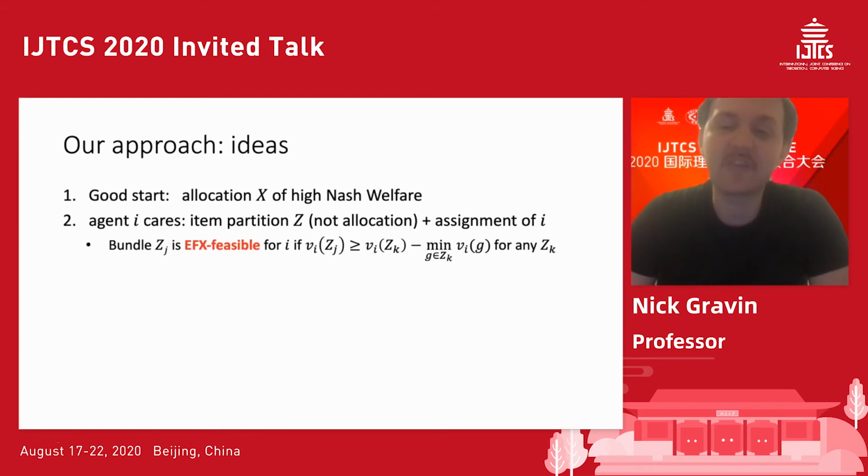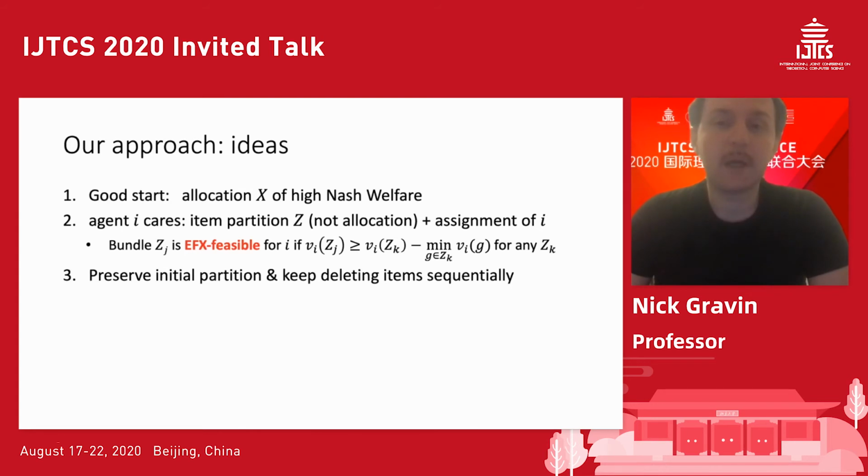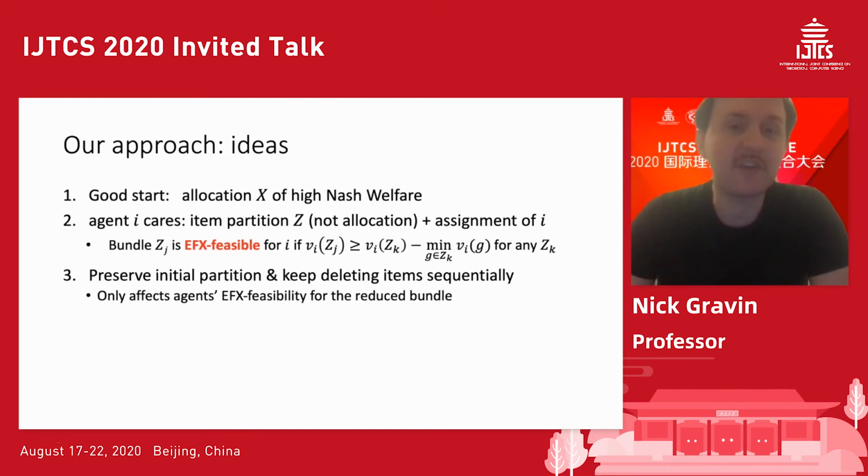We can construct the whole graph of these pairs between agents and bundles, which bundles we can assign to them. And given this graph, we want to start with this initial partition and do very simple operations, just deletion of items. So we don't want to do any reallocation of items, just delete some items from those bundles, and do it one by one.